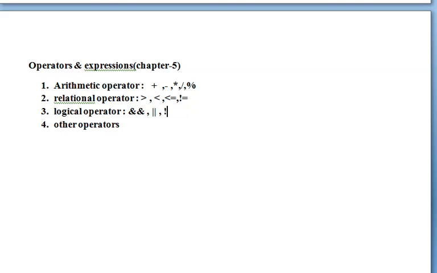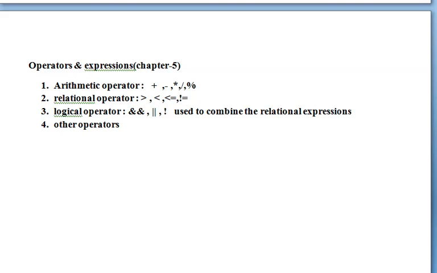Means the logical operators are basically used to combine the relational expressions.